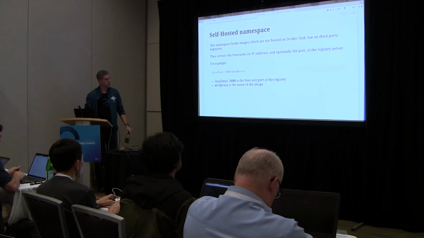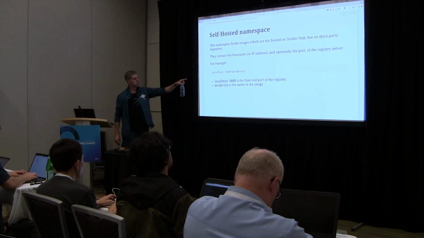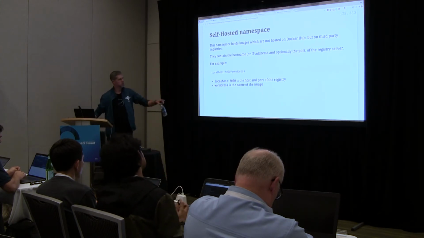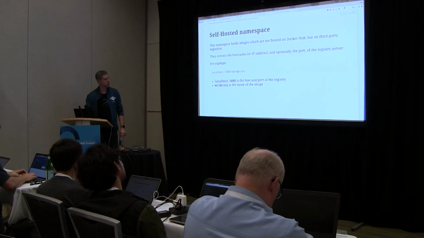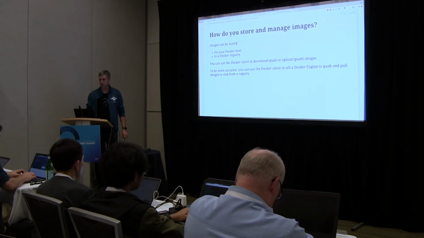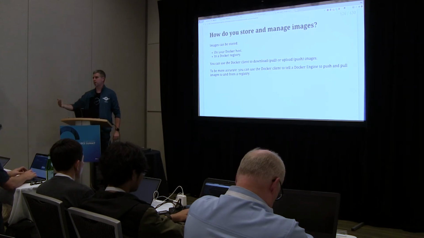And then running your own registry allows you to use DNS or any specific port that you'd like to listen on and the name of an image, or however you want to categorize your images in your registry. So yeah, you can use the Docker client. So far all we've done is see image pulls by running them, but you can also use the Docker client to push an image to a registry.